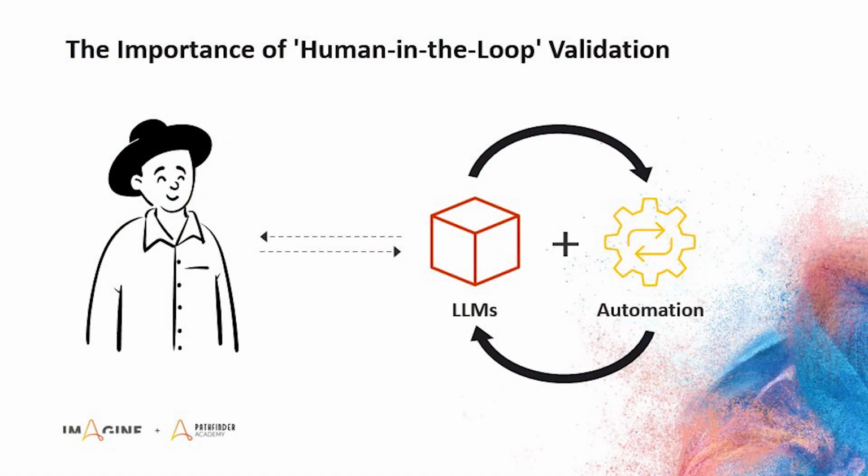Now, human-in-the-loop validation. By leveraging large language models and automation and working alongside a human, we can really start to streamline specific actions in play. So let's take, for instance, I won't go into the financial sector because we've got another example of that coming up, but let's take, for instance, here a customer service representative.